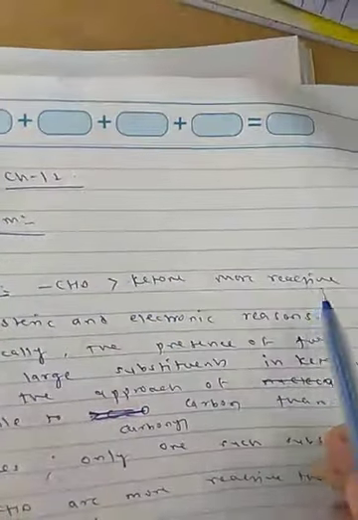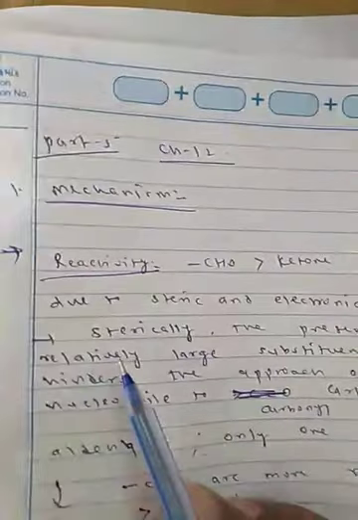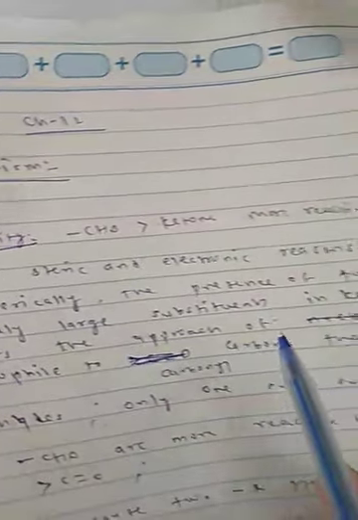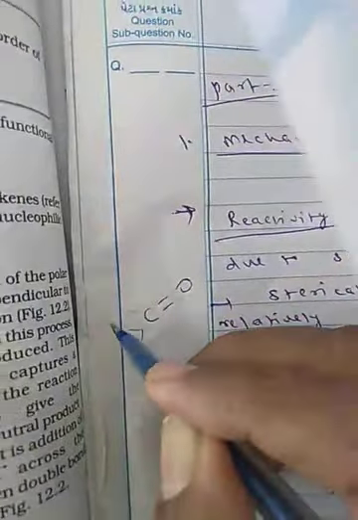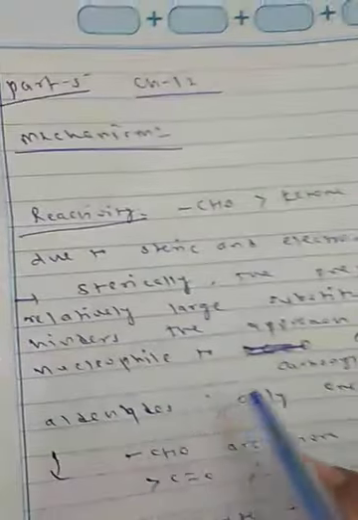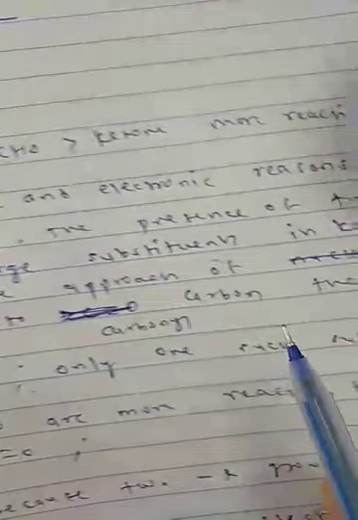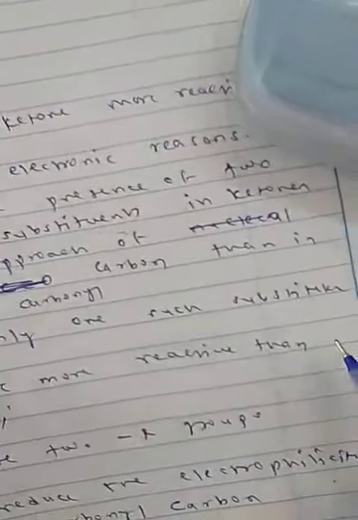Aldehydes are more reactive than ketones due to steric and electronic reasons. Sterically, the presence of two relatively large substituents in ketones hinders the approach of the nucleophile to the carbonyl carbon more than in aldehydes, which have only one such substituent.